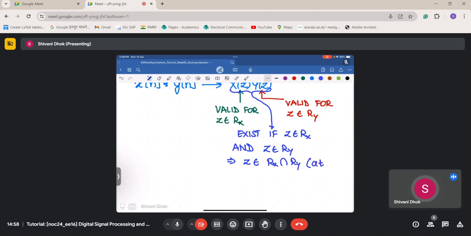Again we'll have a mention of at least Rx intersection Ry.